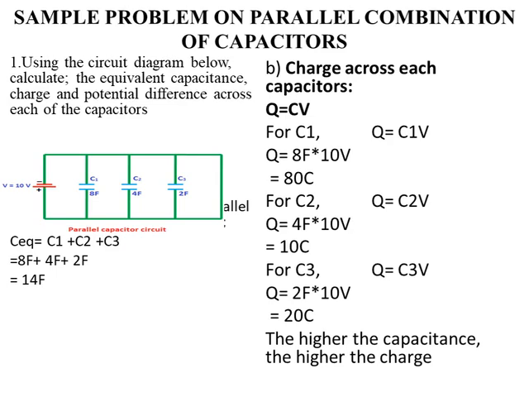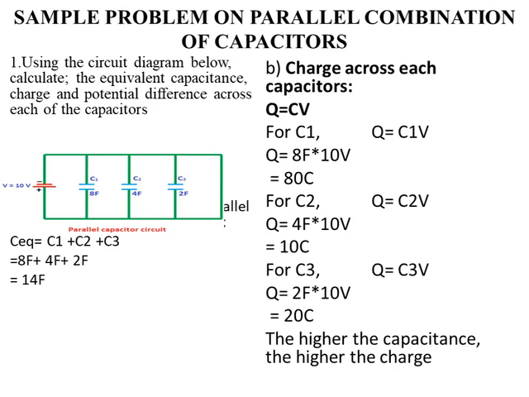So for the second capacitor, the charge is C2 multiplied by V, and our C2 here is 4 farad multiplied by our 10 volts. We have 40 coulombs there. For C3, we have Q equals C3 times V, which is 2 farad times 10 volts, which is 20 coulomb.